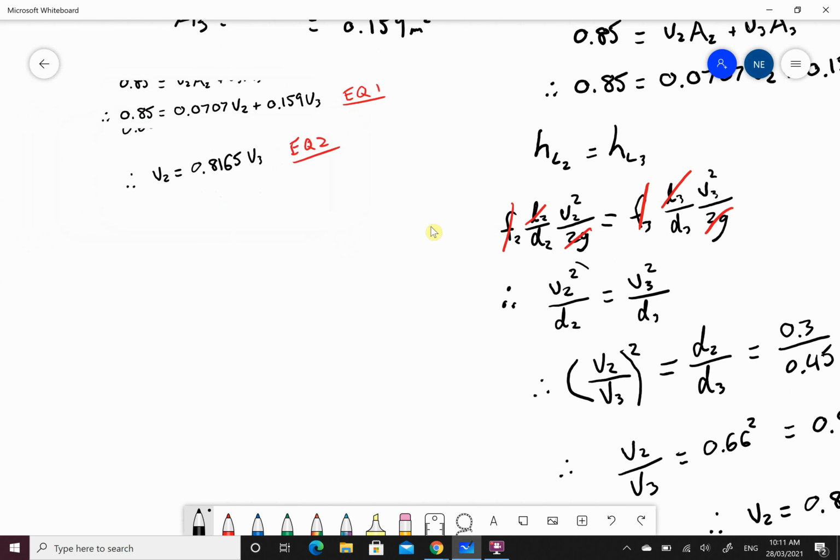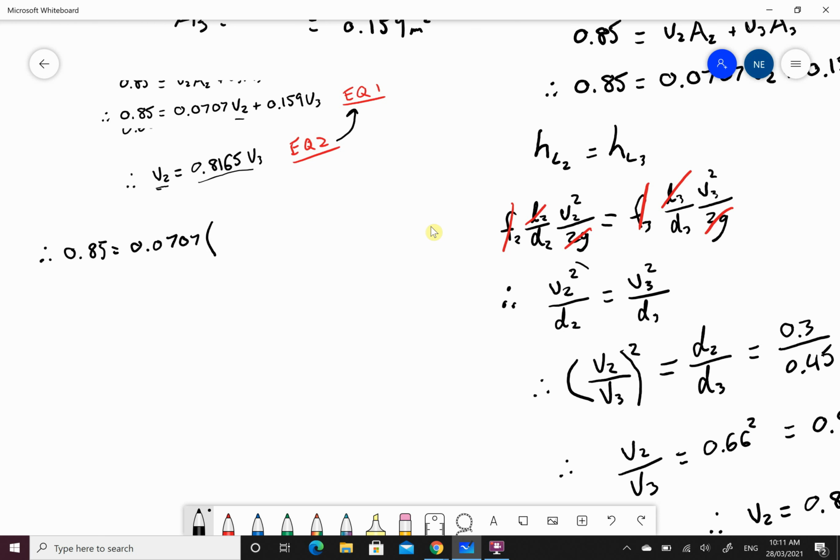Equation 1, equation 2. So now what can we do? So let's insert equation 2 into equation 1. So therefore 0.85 equals, so all I'm doing is I'm going to sub in V2 wherever V2 is. So V2 is equal to this, 0.0707.